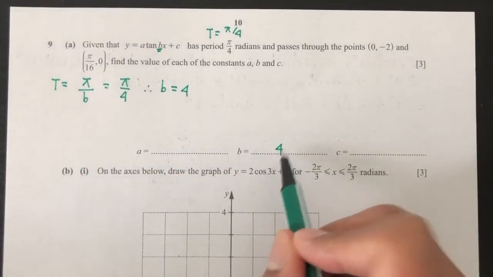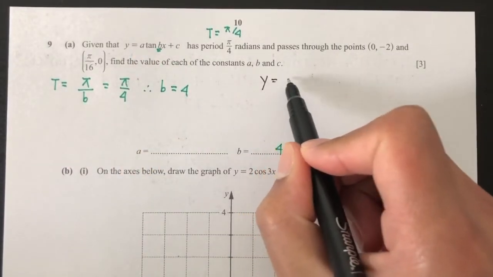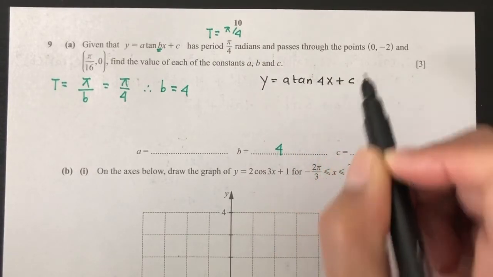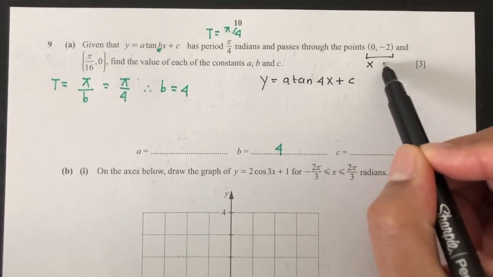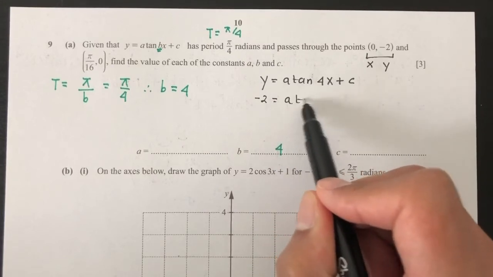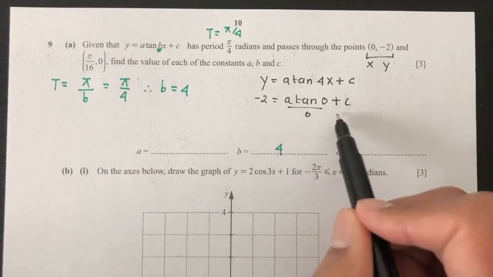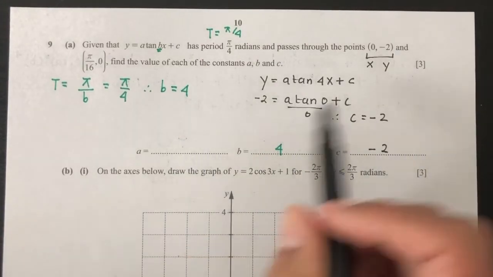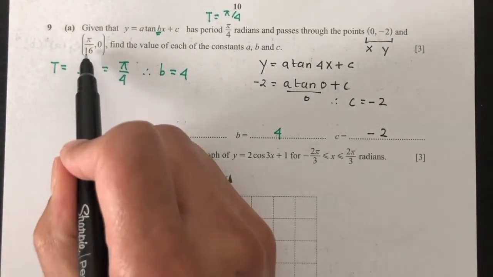Okay, 4. Now replace back in your equation, you will have y is equal to a tan of 4x plus c. Now we can use this point to find the other values. This is your x, this is your y. y is minus 2, a tan 0 plus c. So tan of 0 is 0. So from this, c will be minus 2. Now what is the value of a? We can use this one. So to find a, here is x, y.